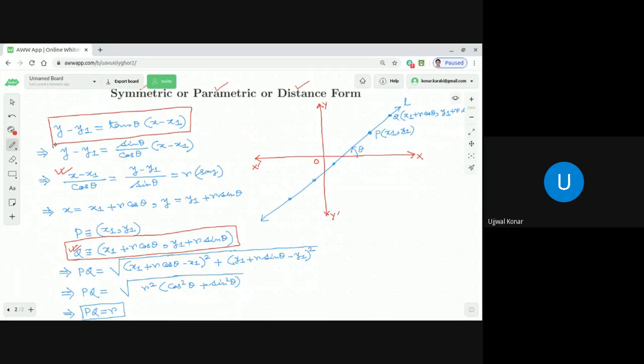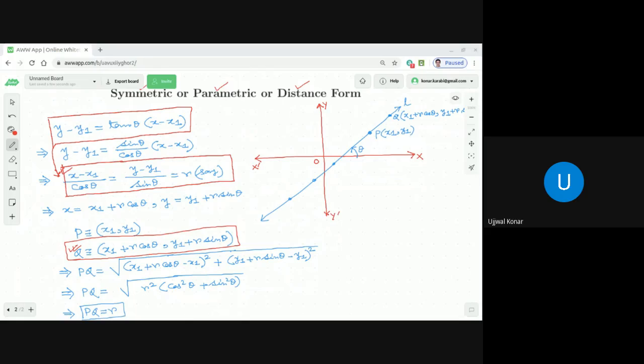From there, we made a symmetric form, that is x minus x1 by cos theta is equal to y minus y1 by sin theta is equal to r. That's it. Why is it important? Whenever you get questions related to the distance from a fixed point on a straight line, application of the symmetric form or parametric form or distance form is of prime importance.